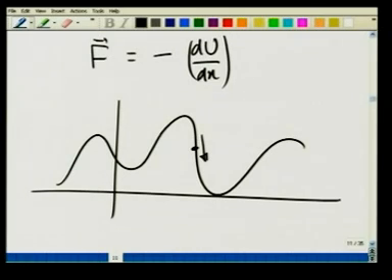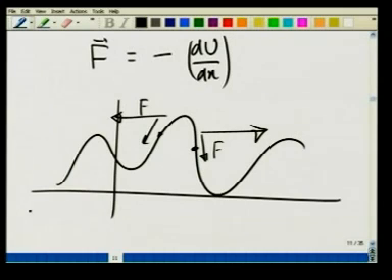It was this way here, this way here. This is the force direction. Here, this is one dimensional case. In this case, it was in this direction, because du dx is positive, force is in negative direction. So, it was in the direction of decreasing u.